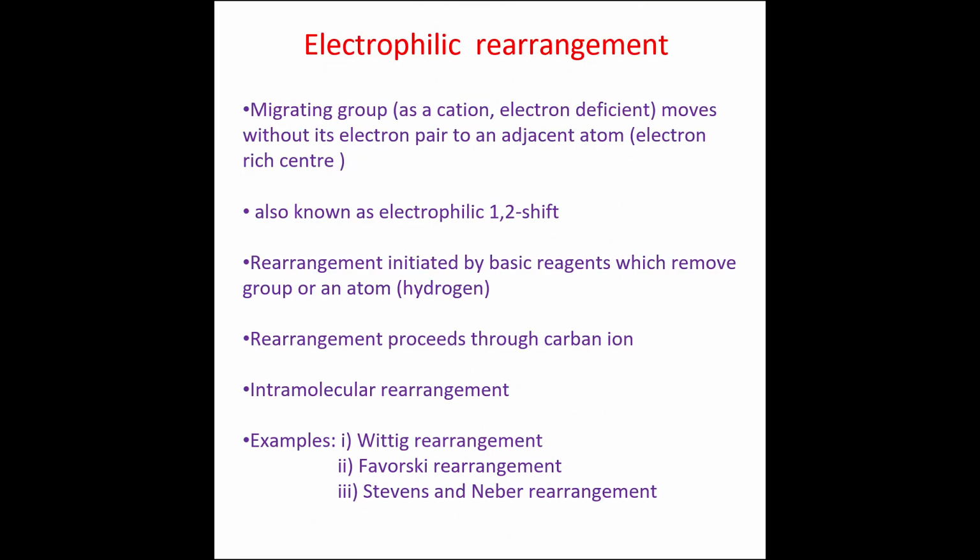Coming to the next, electrophilic rearrangement. Here the migrating group migrates without its electron pair. That means it is electron deficient, a cation. So this rearrangement is called cationic rearrangement or electrophilic rearrangement.